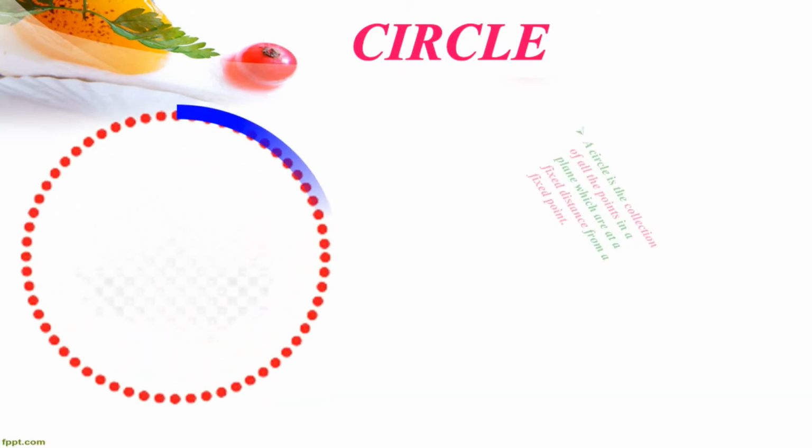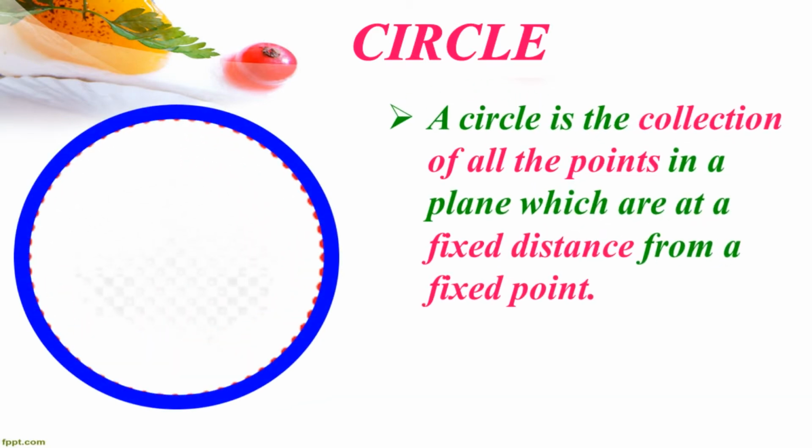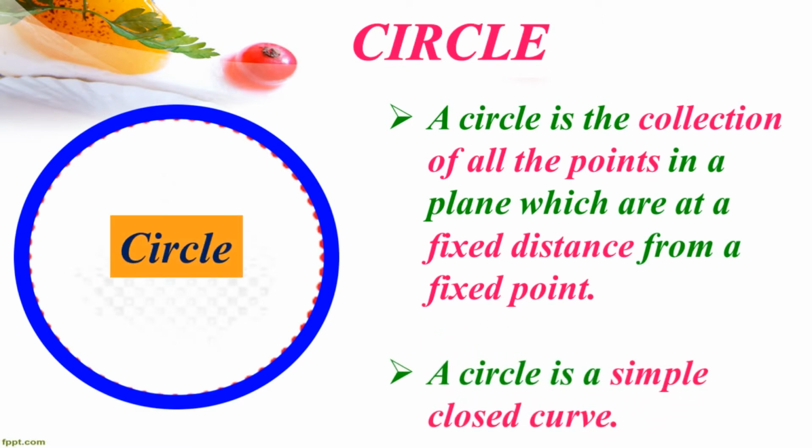So now let's see what is a circle. A circle is the collection of all the points in a plane which are at a fixed distance from a fixed point. And a circle is a simple closed curve.